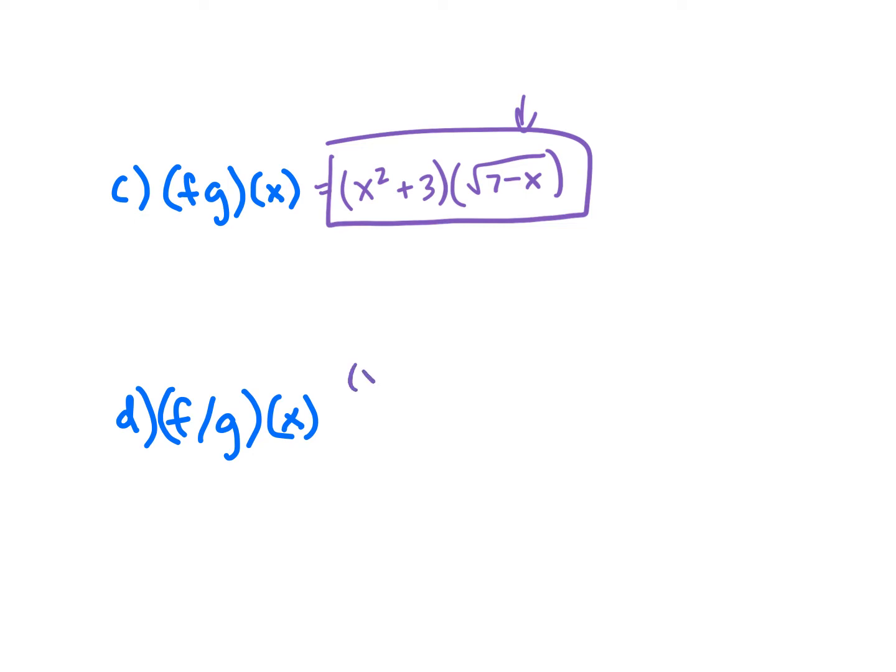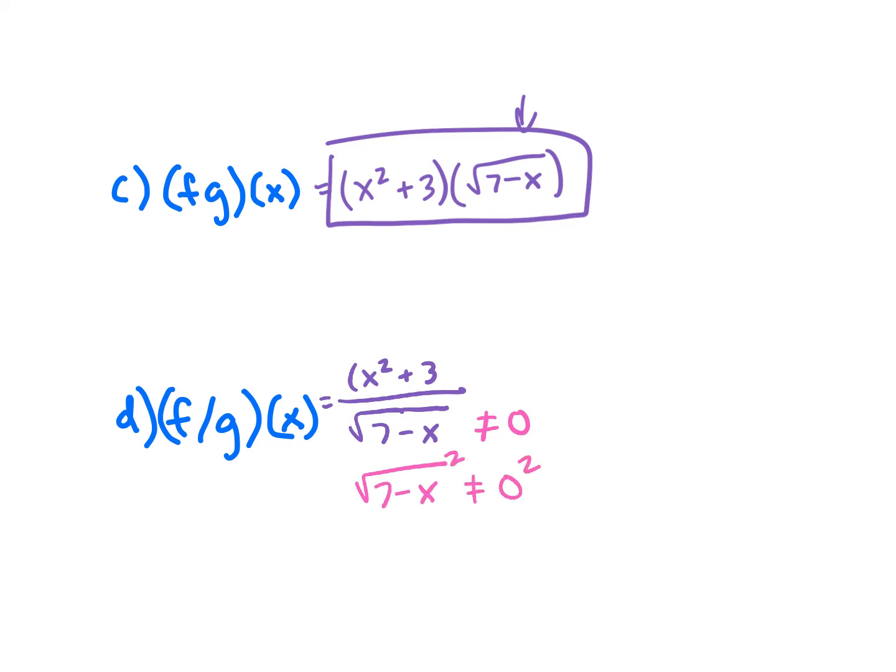So we have x squared plus 3 divided by the square root of 7 minus x. And again, whenever we divide, we want to check our domain in the bottom. So I need to set the denominator not equal to 0. So I could square both sides. So I'm just going to rewrite it down here.